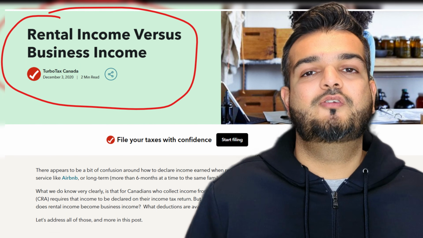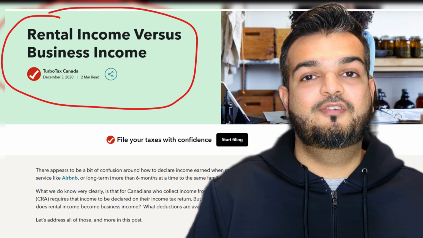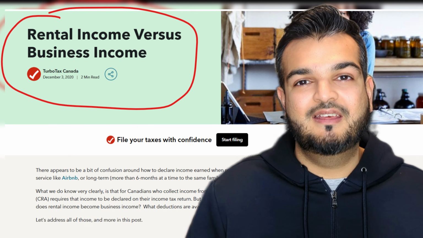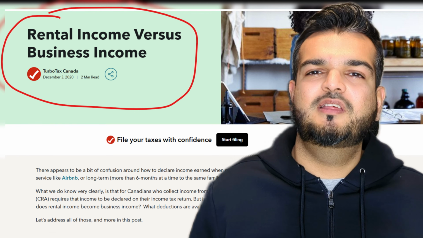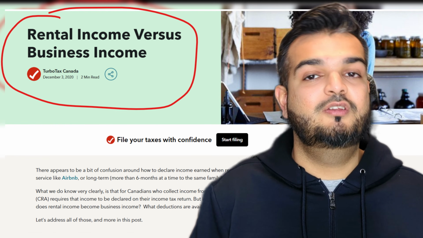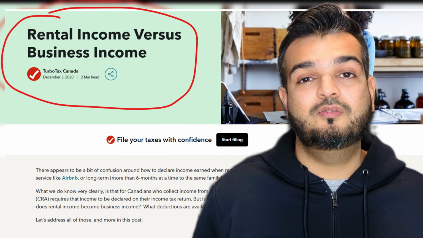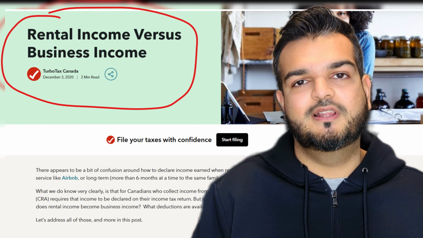So here's how I want you to think about rental income versus business income. Rental income is from your rental property, because your tenant pays you rent for your rental property. That equals rental income. Fairly straightforward. But let's say you've been at this game for a long time and you decide to acquire a hotel, as an example. Technically, if you're renting out the rooms in your hotel, is that rental income? Not really.